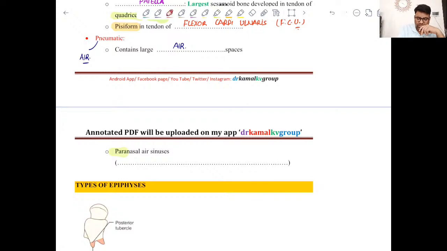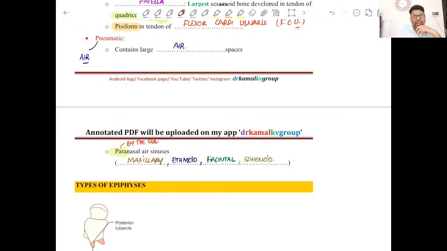So they lie on either side of the nasal cavity, and here the sinuses are air filled spaces. So we have 4 paranasal air sinuses: maxillary, ethmoid, frontal, and sphenoid.